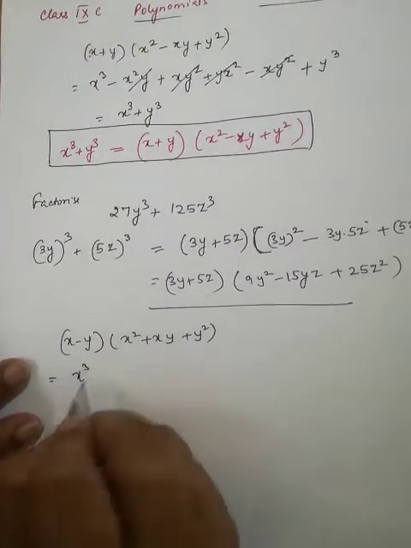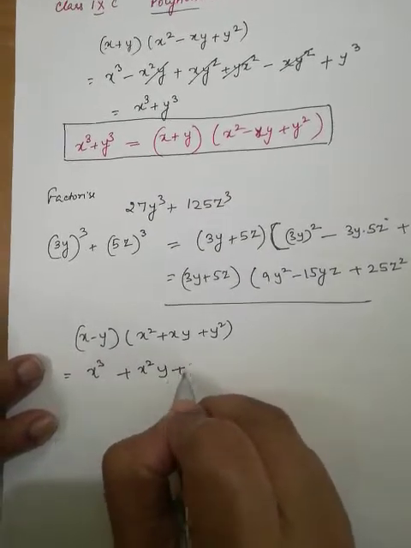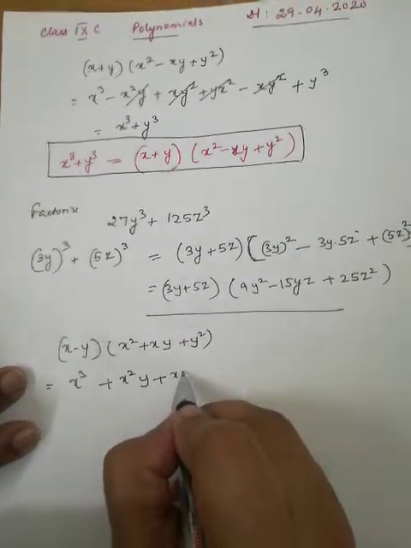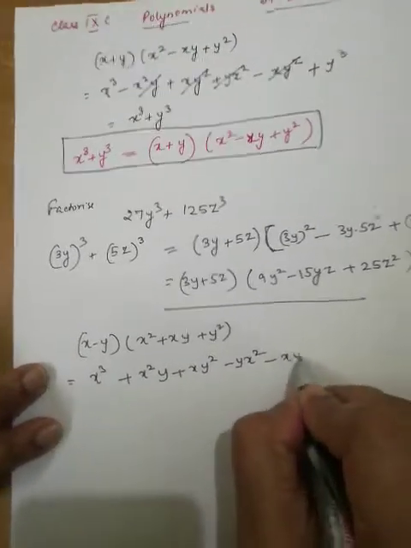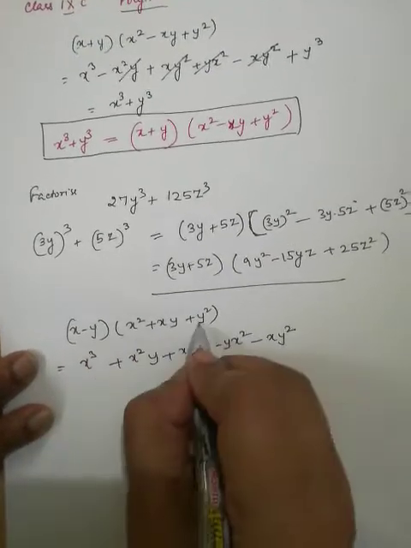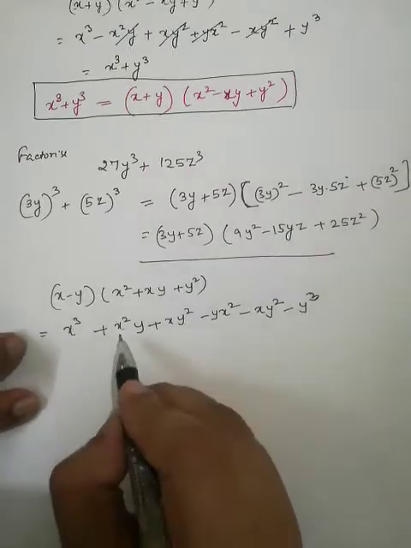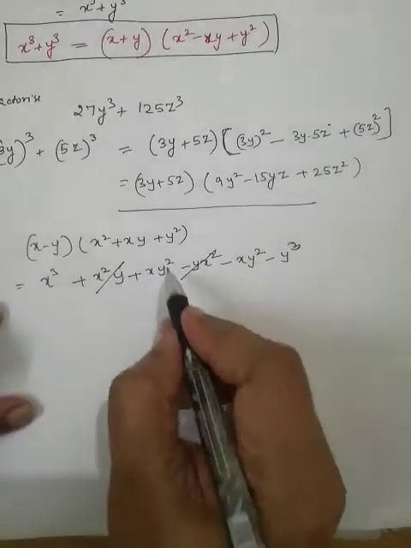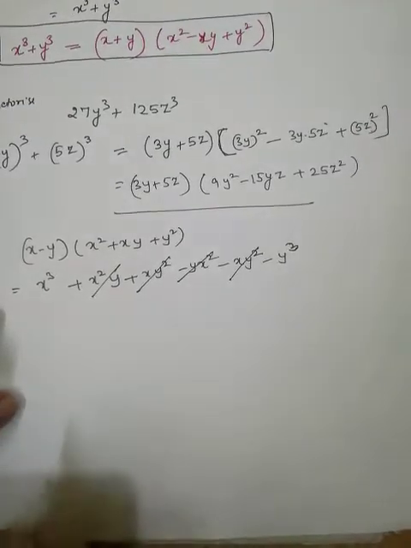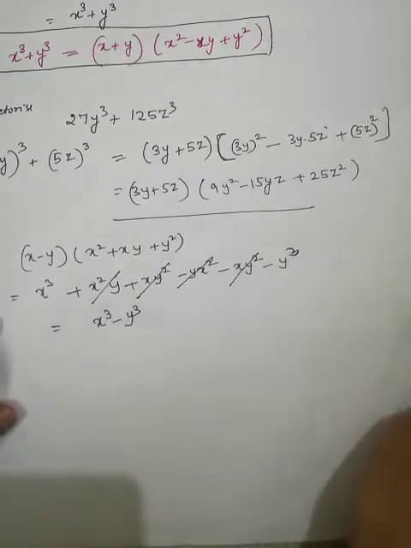We find that it is equal to x cube plus x square y plus xy square minus yx square minus xy square and minus y cube. Right? Then here again you say that x square y and minus x square y cancels, xy square minus xy square cancels, and what you get is x cube minus y cube.